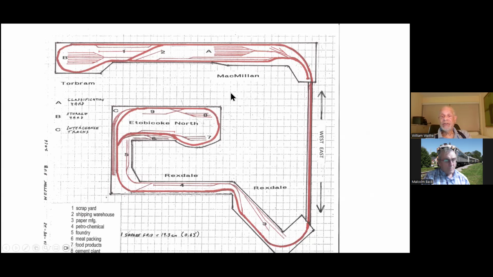I should point out also that there is no through traffic on the Weston Sub, not on the layout nor on the prototype. The only through traffic is passenger, not freight.